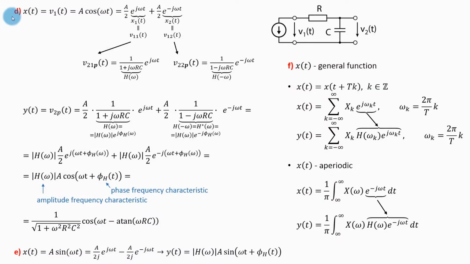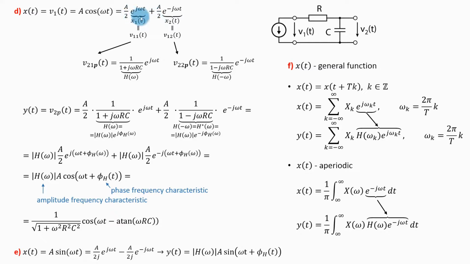So, if to the input of my system I feed a cosine, that is, if the input voltage of my circuit is a cosine, then I can find the output of my system in the following manner. First, I will write the cosine as a linear combination of two exponentials. What my system does with these exponentials separately, we have already figured out.